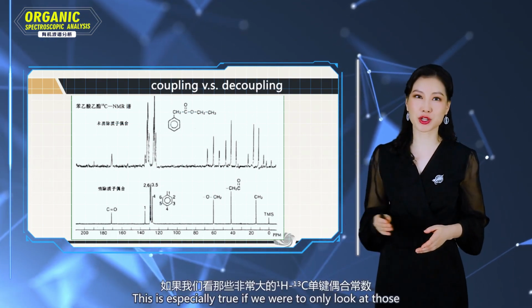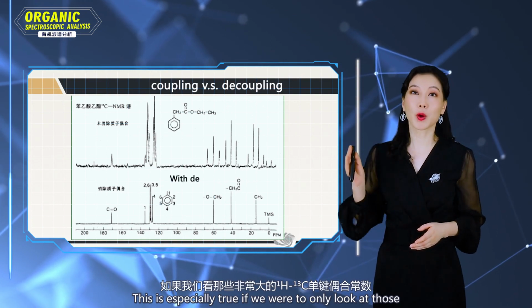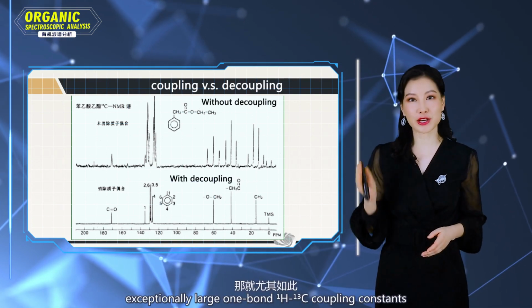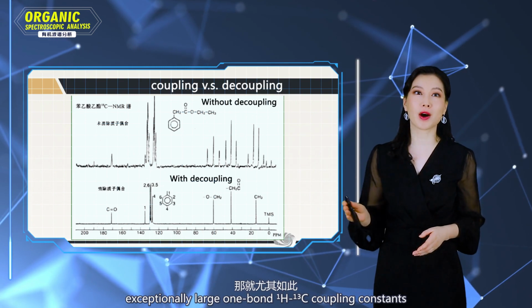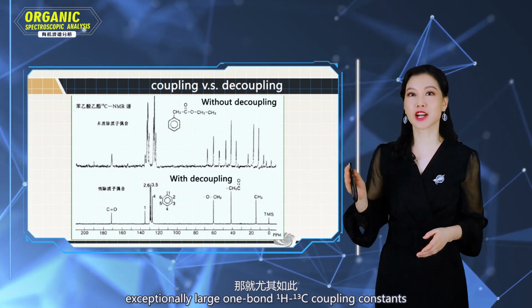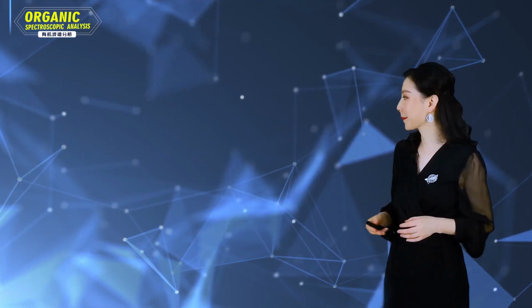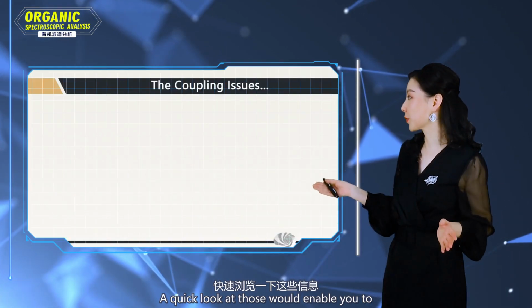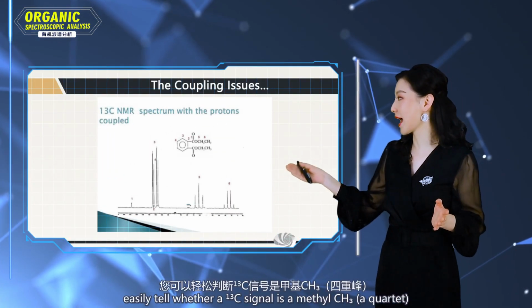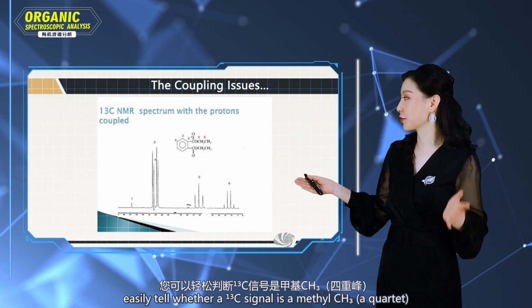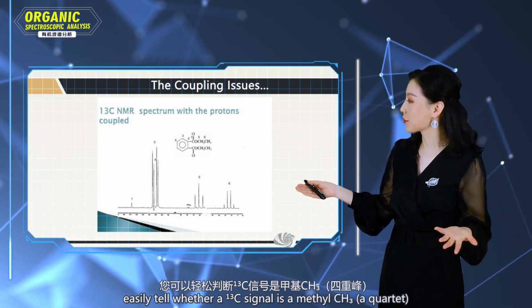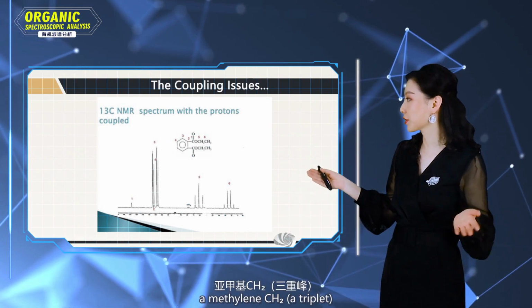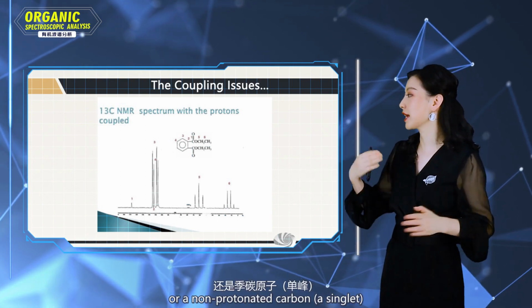This is especially true when we look at those exceptionally large one-bond hydrogen-carbon coupling constants. A quick look at those will enable you to easily tell whether a carbon-13 signal is a methyl group, methylene group, or non-protonated carbon.